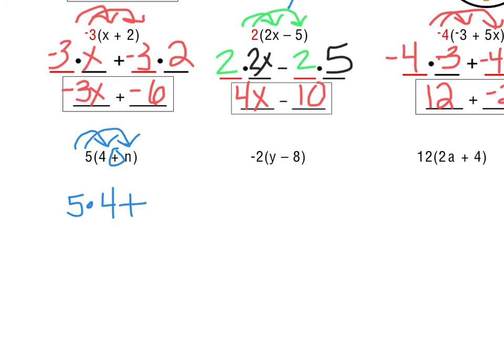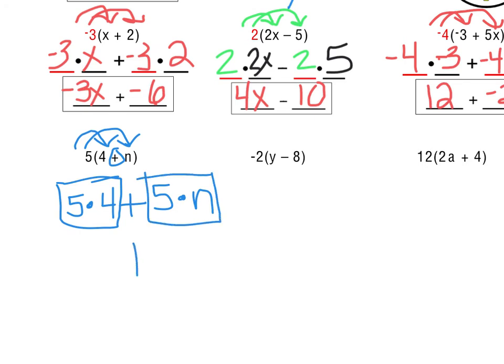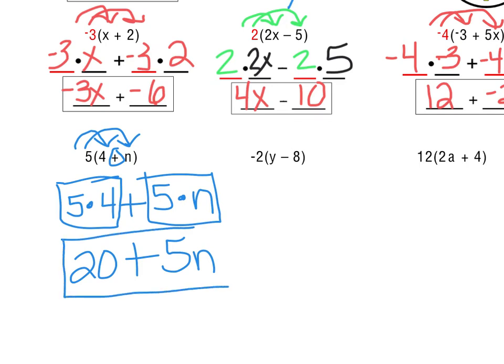Then second, we're going to do 5 times n. 5 times 4, we're going to do our multiplication next. Bring down our plus sign. 5 times 4 is 20. And 5 times n is 5n. And since these are unlike terms, we are done. So our final answer is 20 plus 5n.